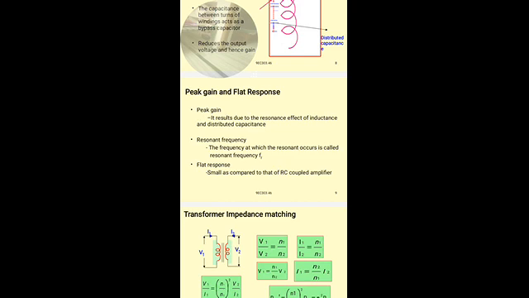Here the resonant frequency is defined as the frequency at which resonance occurs, where the inductive reactance and capacitive reactance become equal and the reactance gets cancelled, so the circuit will completely act as a resistive instead of reactive circuit.